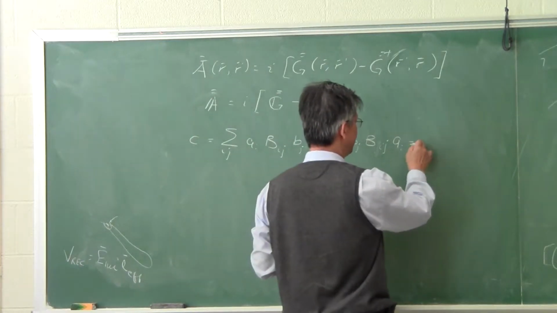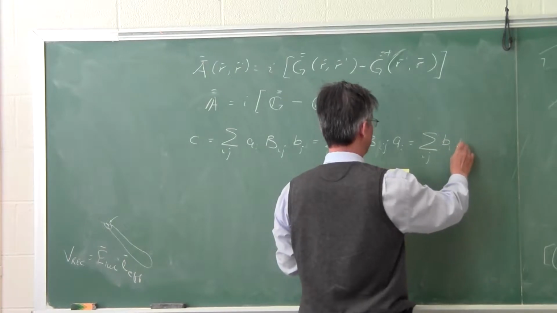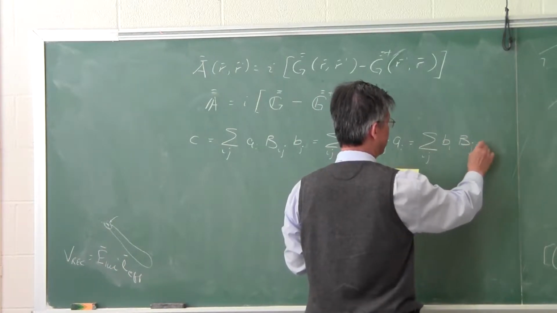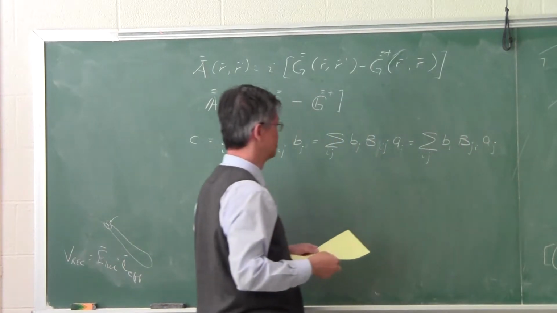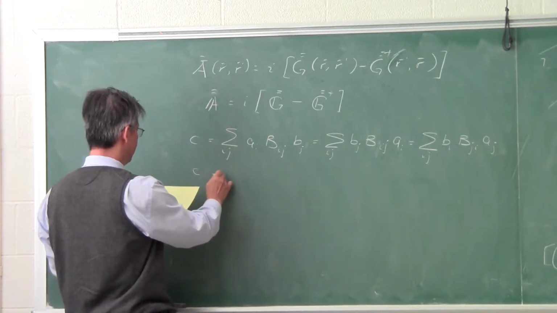I can also change the indices to make this into Bi, Bji, Aj. Okay? And then I can use vector notation now to rewrite this.